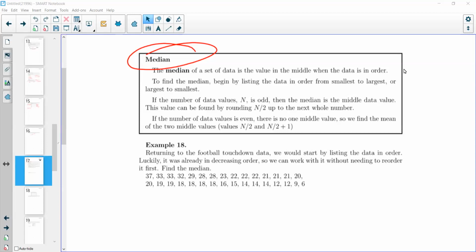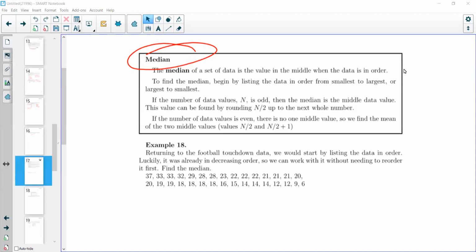Now, we also noticed with the mean that if we had an outlier, it would affect the mean quite a bit if it was way out beyond the rest of the data. Whereas with the median, that's not so much the case.